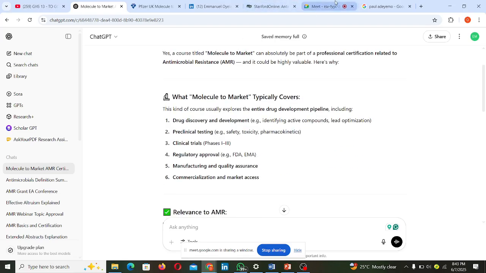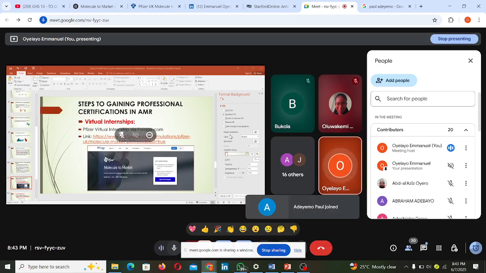As at now, the world needs individuals that can come out with new antibiotics, such as the way Alexander Fleming was able to discover penicillin. The world needs new antibiotics.